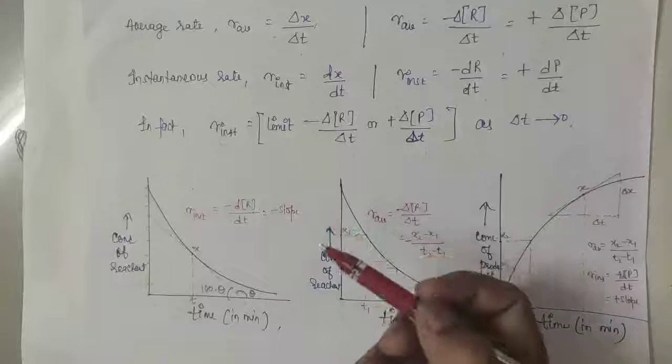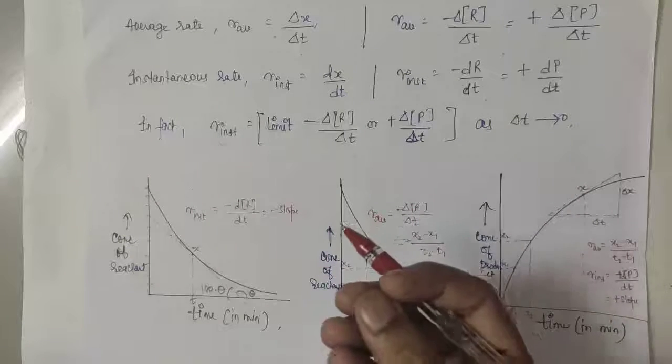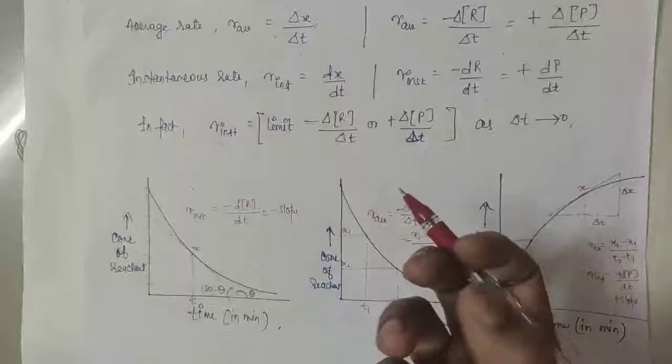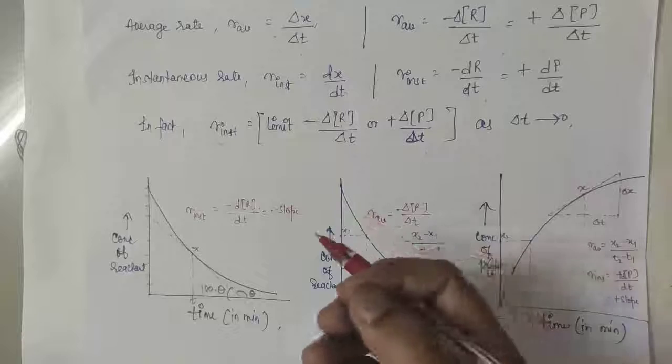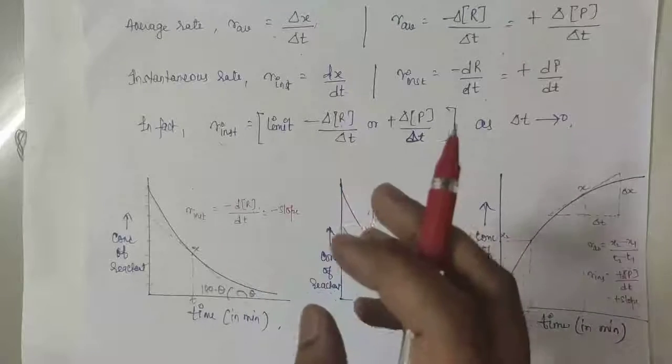Now, if some properties like pressure, volume and optical rotation etc. are changing with time also, then this method is not working.